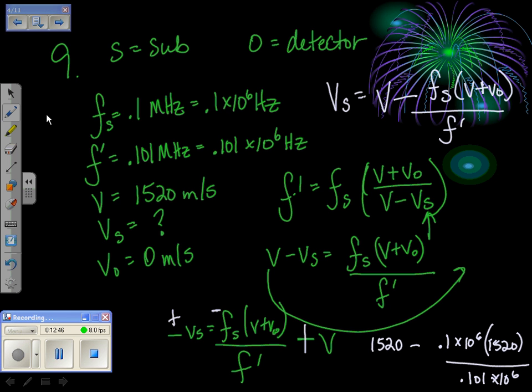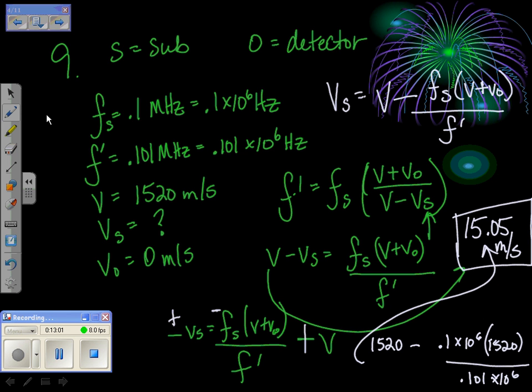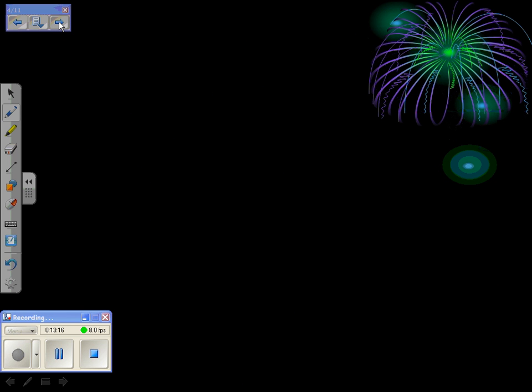That should end up with your answer, which for this one should be 15.05 meters per second. I know, it's a difficult problem. It's a lot of algebra, but you can do it. The main thing is to write this down somewhere so that once you've done it, you can just use it. Moving on.